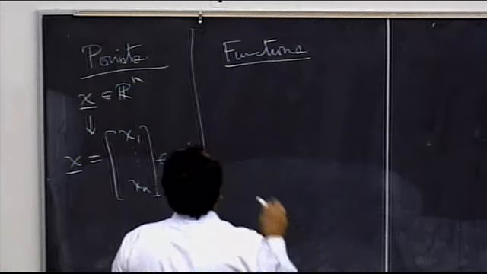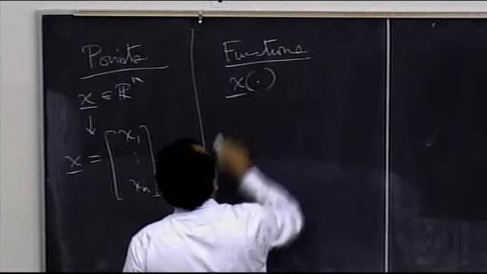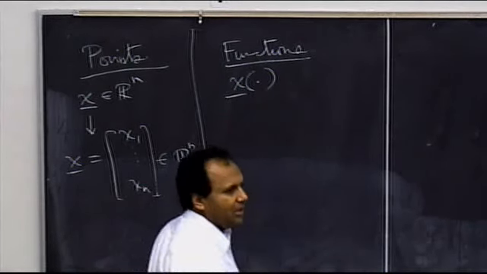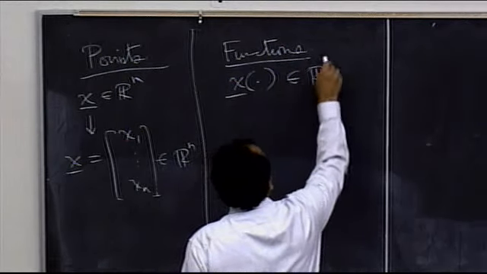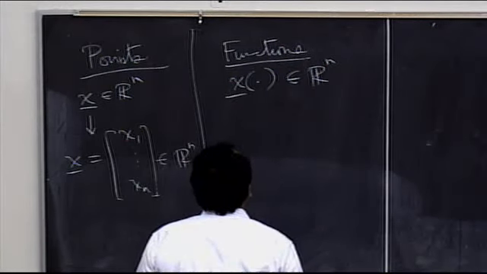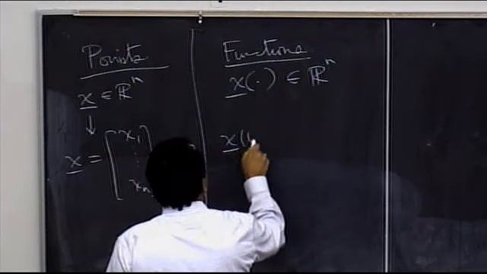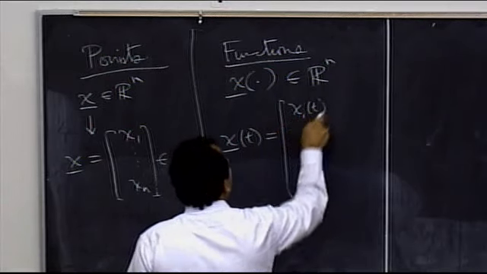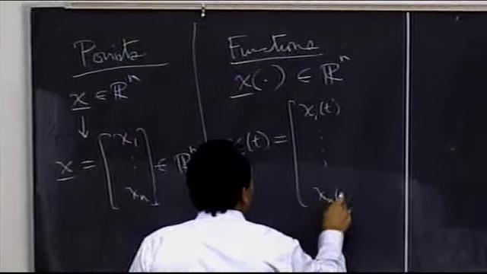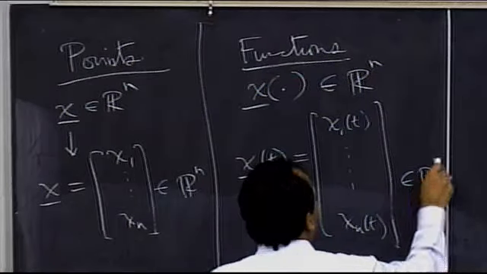Functions, you have to say function x, and it's got an argument, something. I don't know what that argument is. You call it whatever you want to call it. It is a function that is an element of Rn. What I mean by that is, if I put a value into this argument, x of t is equal to x1 of t up to xn of t. That is an element of Rn.